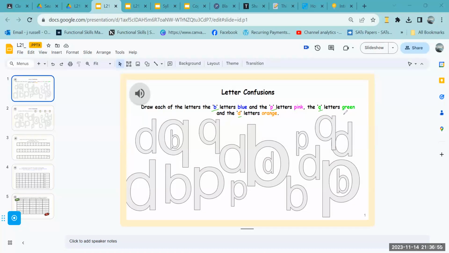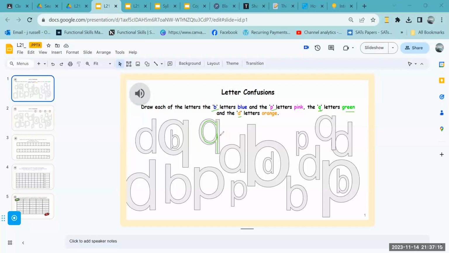So I've got the green pen out here, so that we're going to look at green, and that's the letter Q. So let's see if we can find a letter Q. So here's one. So we draw the line down, and we do the ball, and as we do this, we say the sound or the name of the letter.